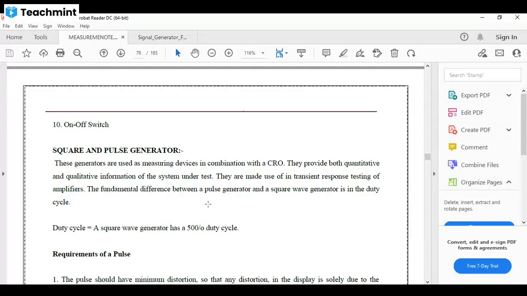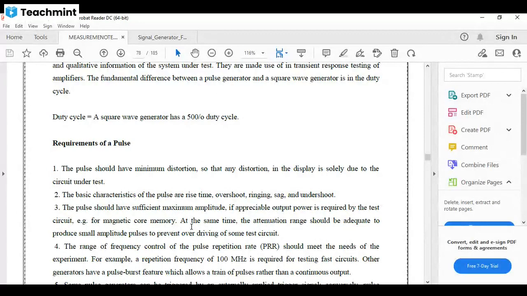The pulse should have sufficient maximum amplitude if appropriate output power is required by the test circuit. And for magnetic core memory, the attenuation range should be adequate to produce a small amplitude pulse to prevent overdriving.